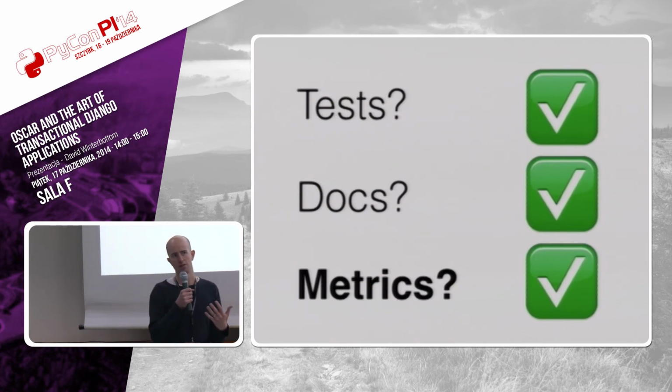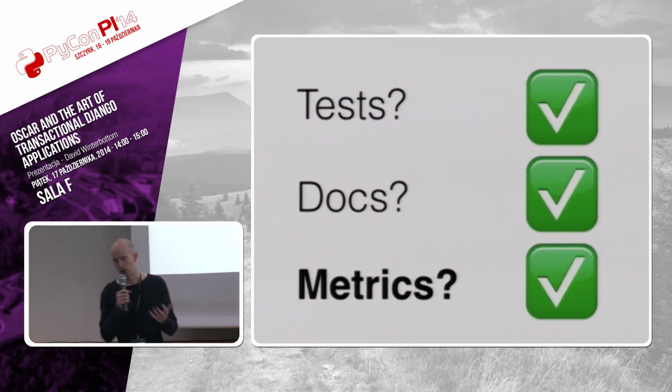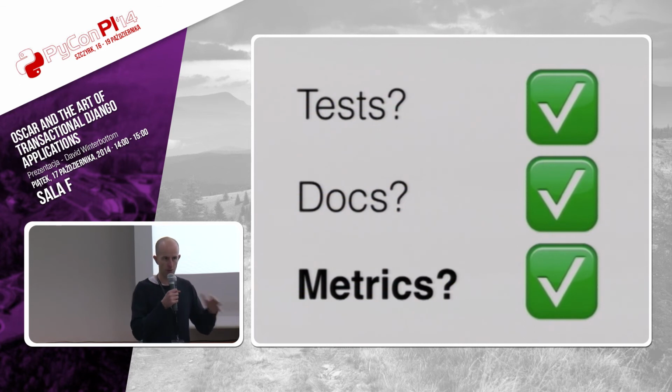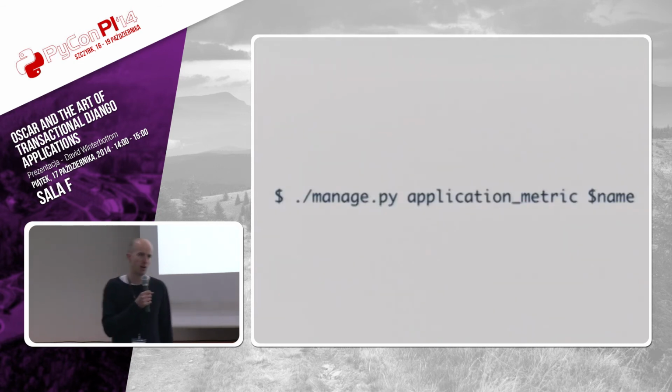Is this feeding data into Ganglia or Munin or whatever your particular monitoring software is? It's one of those prerequisites. You merge the pull request: where are we feeding data in from this particular moving part? Where can we set alerts? And we found a simple way to do that is just to use a management command. It's a very simple class.